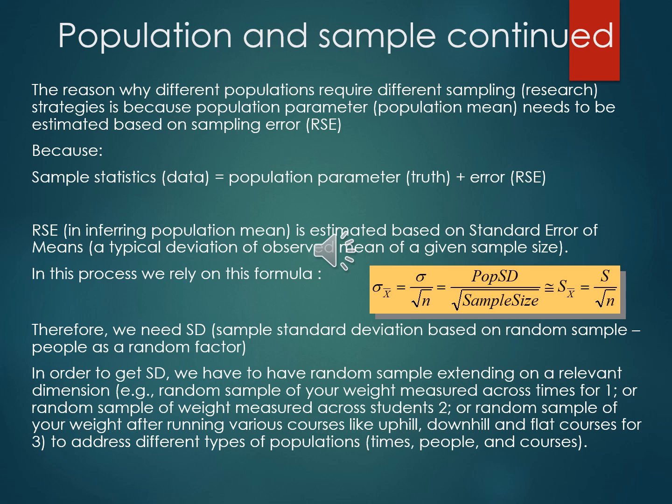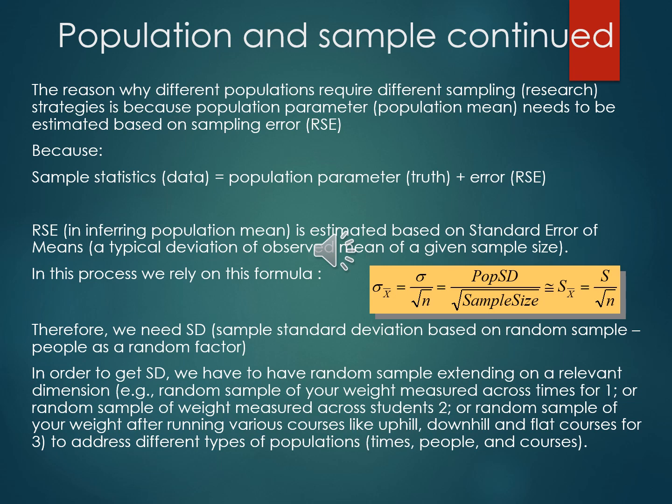On the other hand, if your question is about the weight of the college students, then you get a representative sample of say 100 people. Then the standard deviation across those 100 people's weight needs to be divided by square root of 100. And finally, if your research question is about running different types of courses, then your sample are running many different kinds of courses and then weighing your weight.